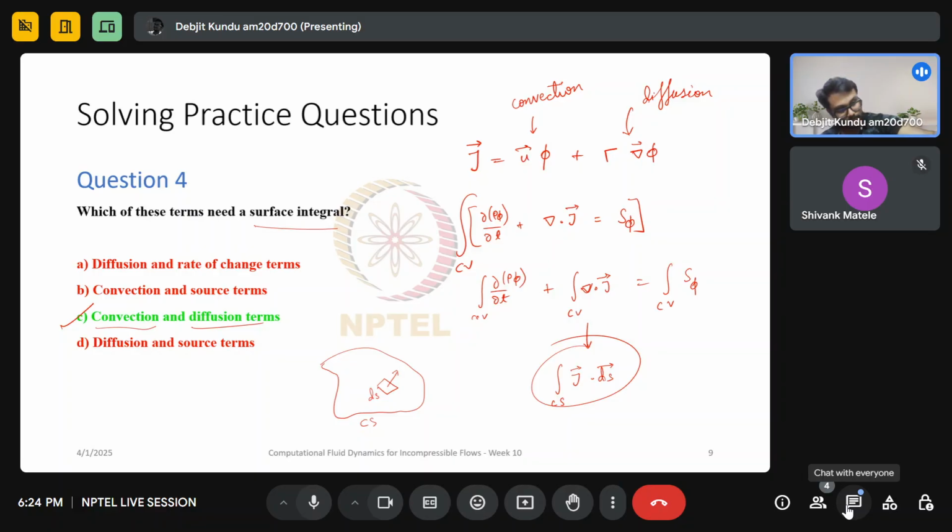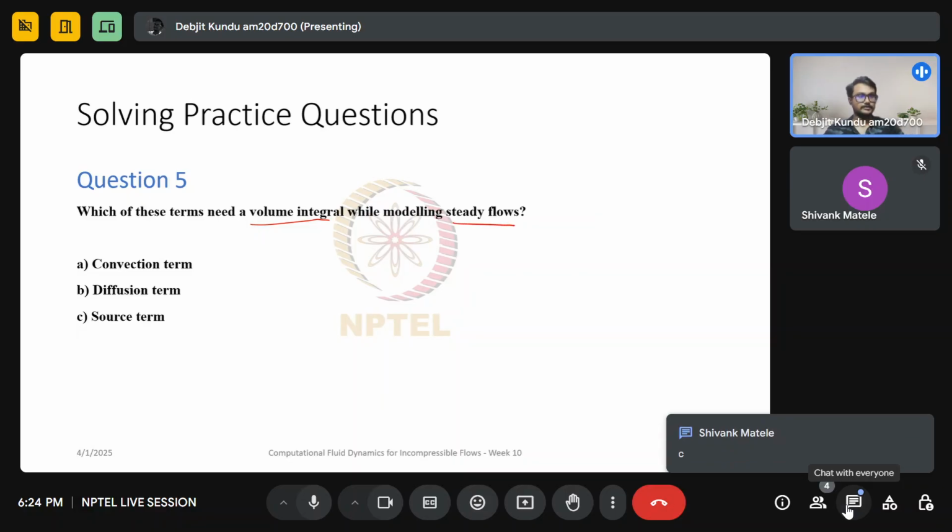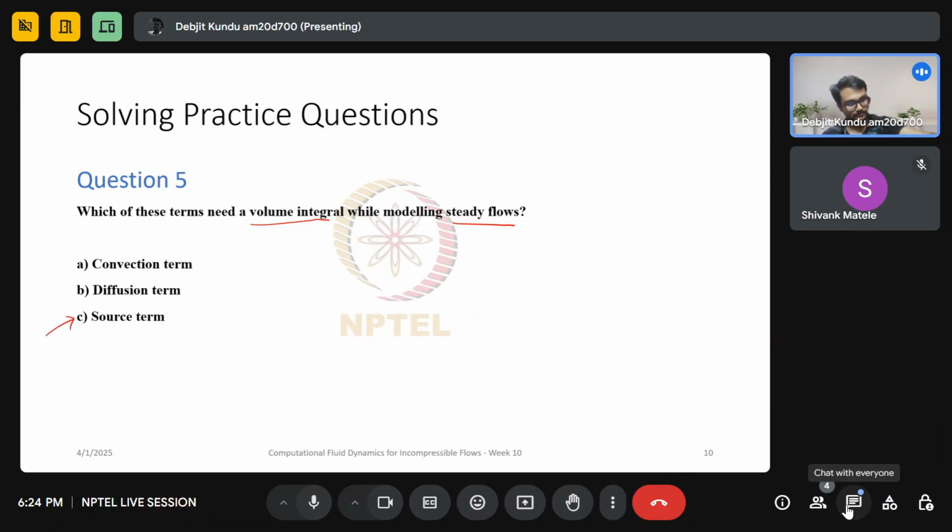All right, so let's move on to question number 5, which is asking us which of these terms need a volume integral while modeling steady flows? Is it option A, convection term, option B, diffusion, option C, source term? Pretty simple stuff. We just saw this in the previous slide.